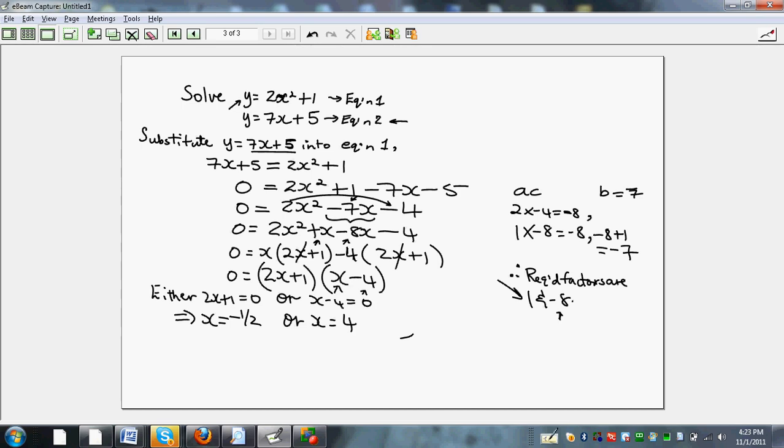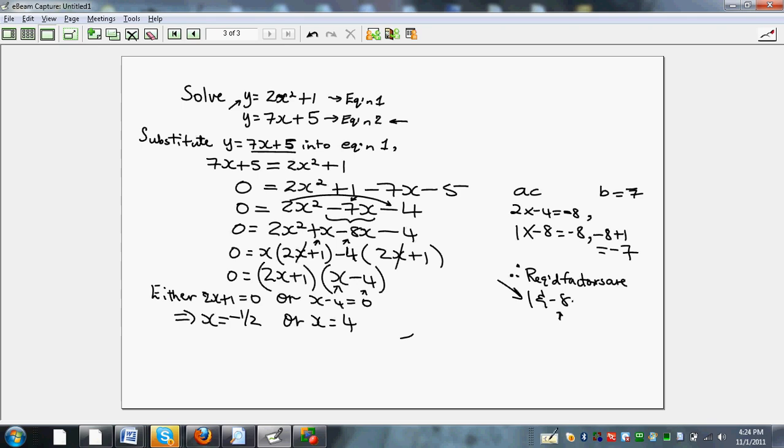How did we get x equal to minus a half? I did two steps there in one. If 2x plus 1 is equal to 0, then 2x is equal to minus 1, and then the next line will be x is equal to minus 1 over 2, or x equal to minus a half. So these are the two solutions for x.